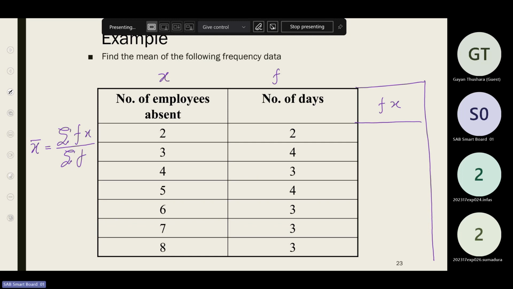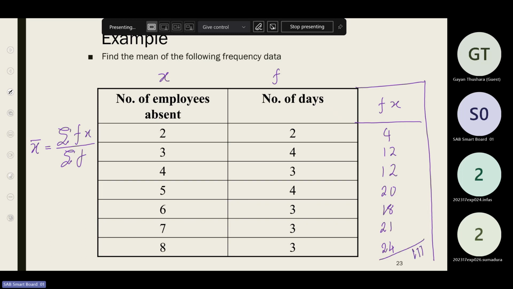So 2 into 2, 4, 12, again 12, 20, 18, 21, 24. So now we need this total, fx total. So we add all this. So here we get 8, 8, 16, 16, 20, 21.